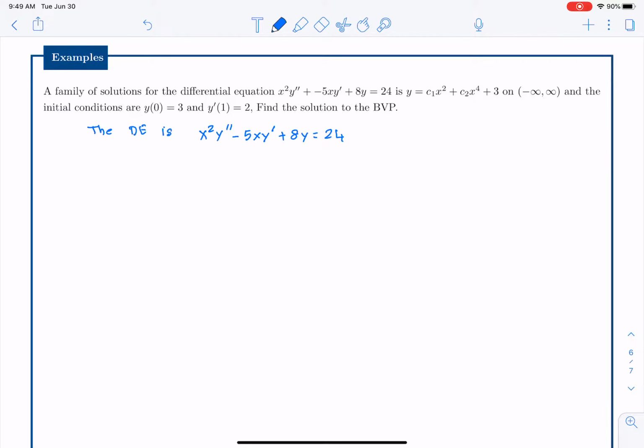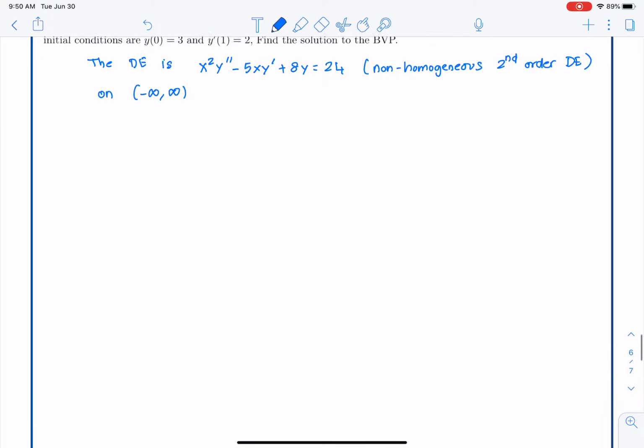Now, is that DE homogeneous? This is a non-homogeneous second order DE on negative infinity to infinity. We don't have to know about non-homogeneous DEs because we're simply trying to find the solution to this.